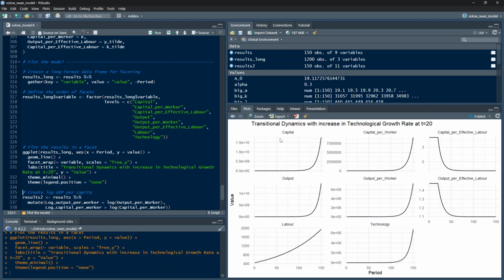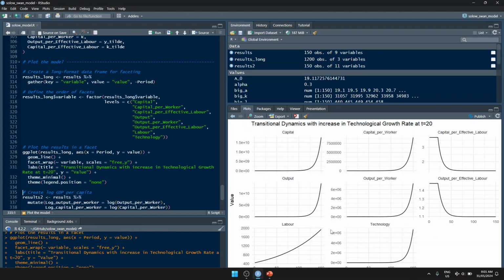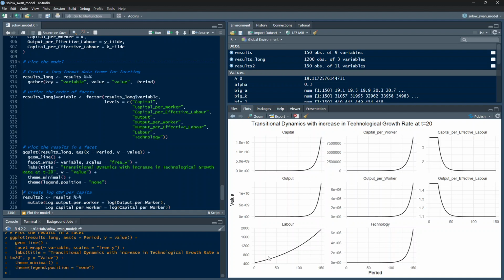Now what we see here is, firstly, looking at this bottom left-hand graph, our labor, again, we go back to our original levels of this labor growth over time, but our technology growth over time here in the middle bottom panel is much faster than it was in our previous simulation. Of course, because we specifically induced this technological growth from time period 20 onwards.